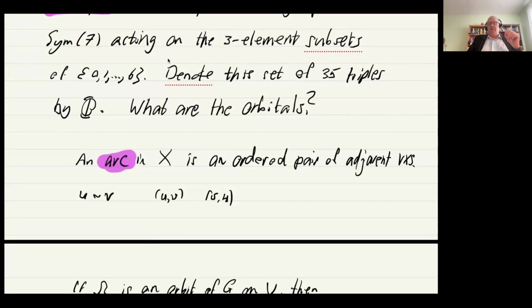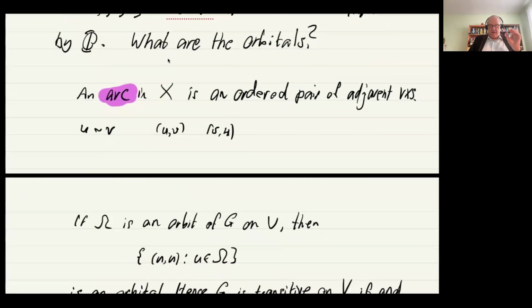Now, I can view each orbital as a collection of arcs. It's a collection of ordered pairs. Okay, and so each orbital is giving me a directed graph. I've got the underlying set and I've got arcs joining vertices, so I get a directed graph. So each orbital is a directed graph.